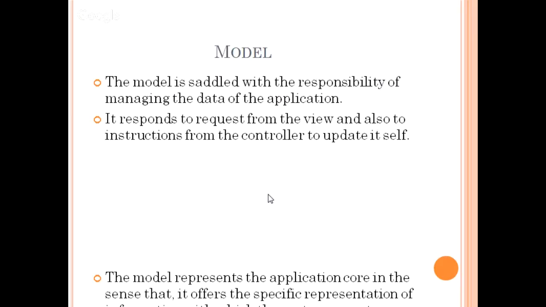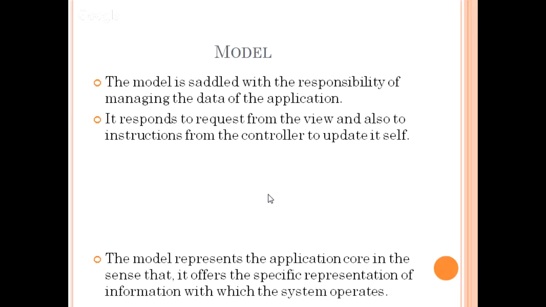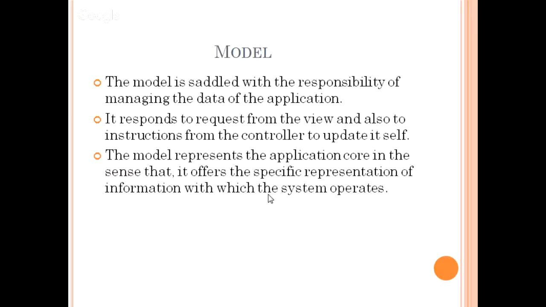The model represents the application code in the sense that it offers a specific representation of information with which the system operates. This is basically what the model does, and I'll be giving you an overview of what the three components do.